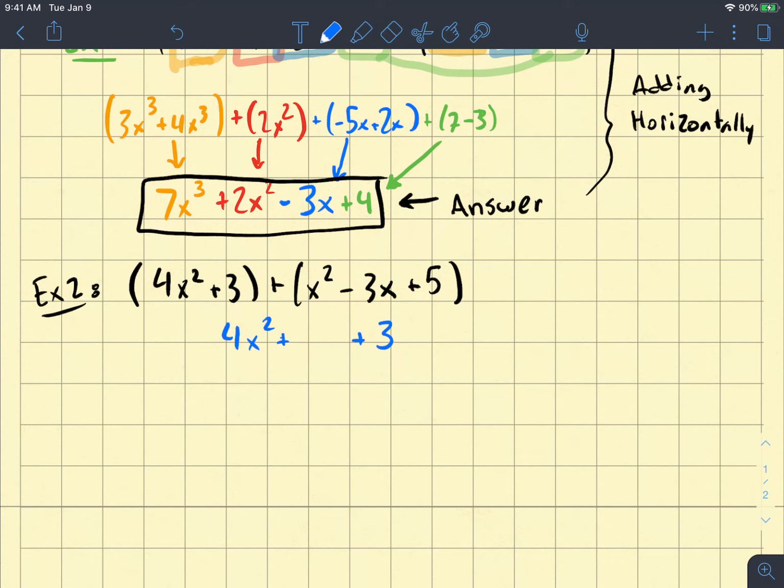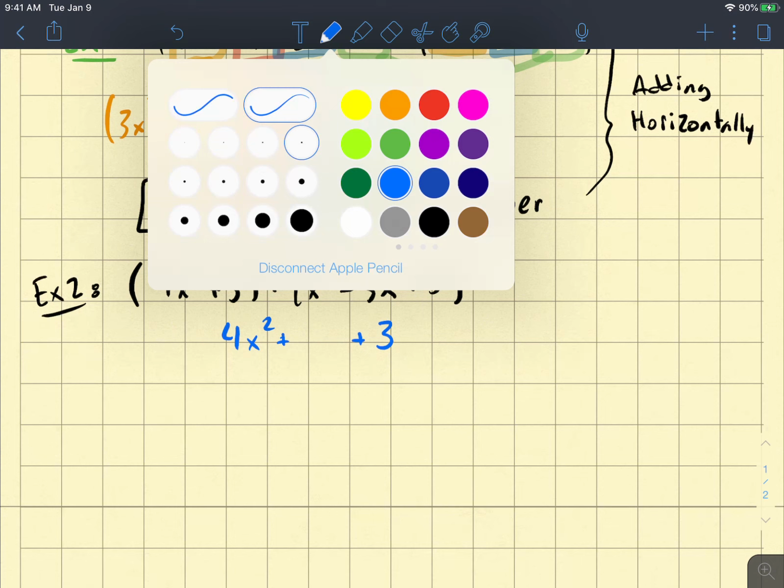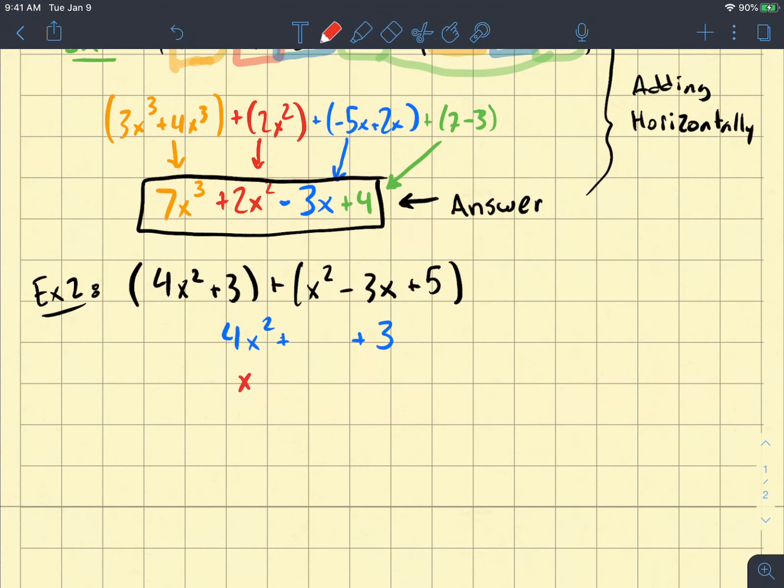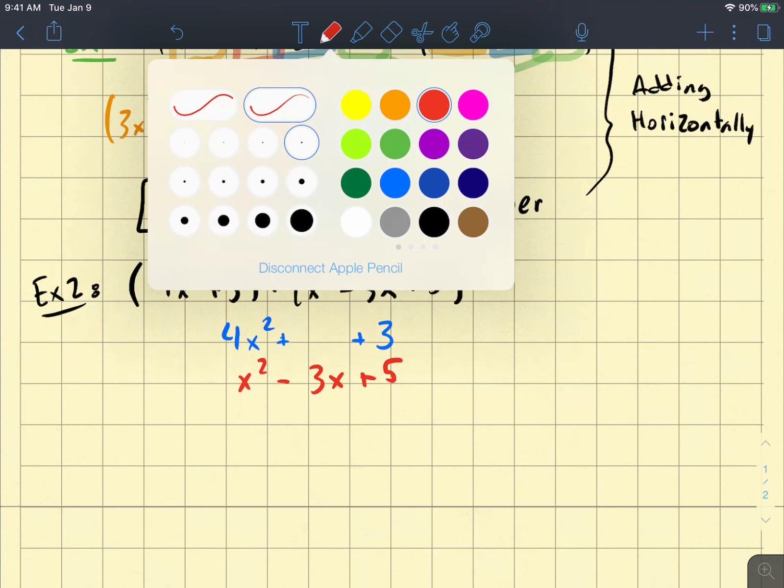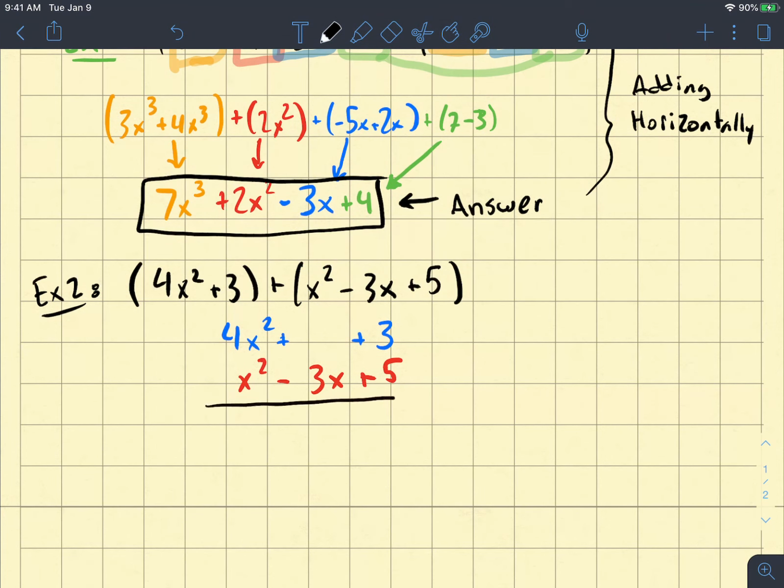Because technically there's a slot here for x. There should be a 0x here, but we're not going to show that, all right? Next up, we're going to write the other one. We're going to have x squared minus 3x plus 5.